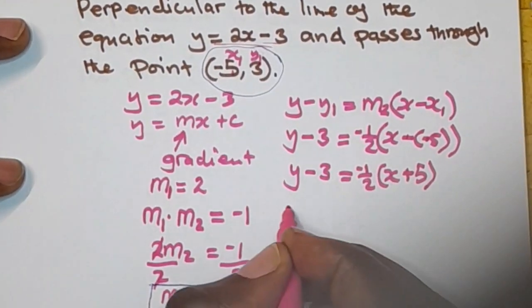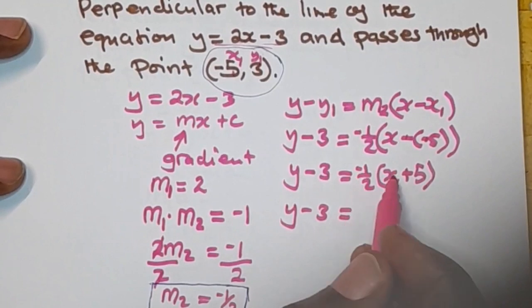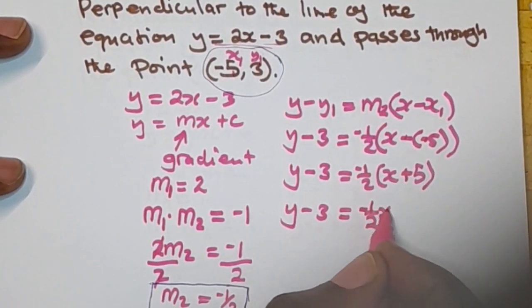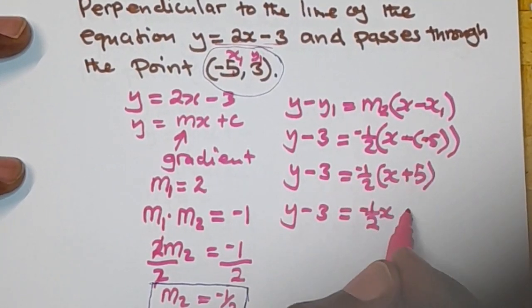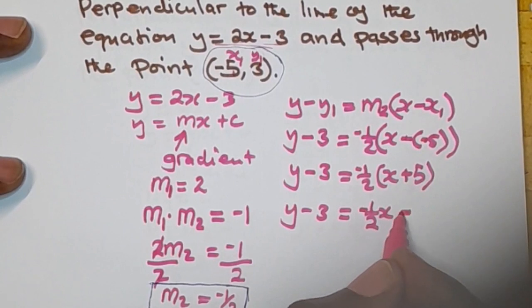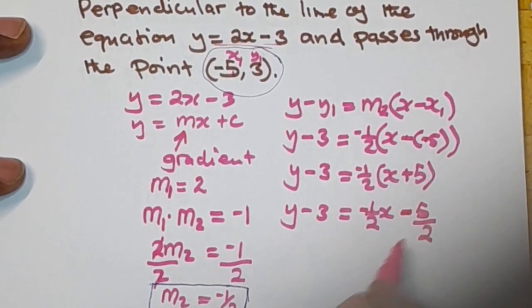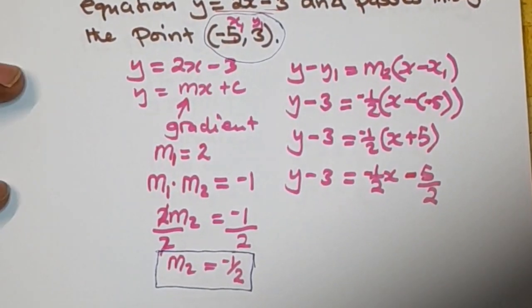So now we have y minus 3 is equal to negative half times x, which is negative 1 over 2 x, or negative half x. Then negative half times positive 5, we have minus 5 over 2.